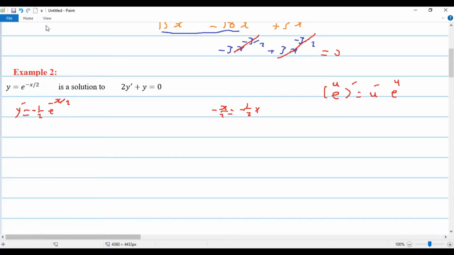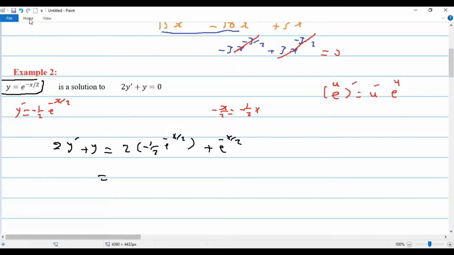Now, the equation is 2y prime plus y equals 0. For 2y prime, the y prime is negative half e to the negative x over 2, plus y, which is e to the negative x over 2.